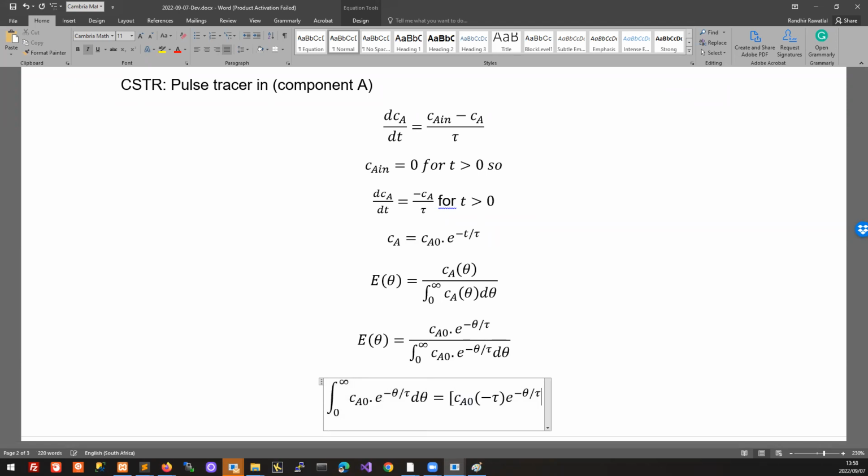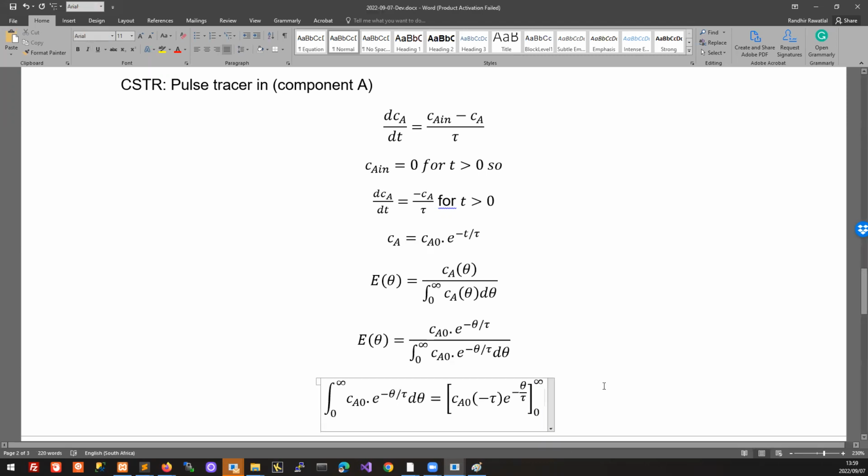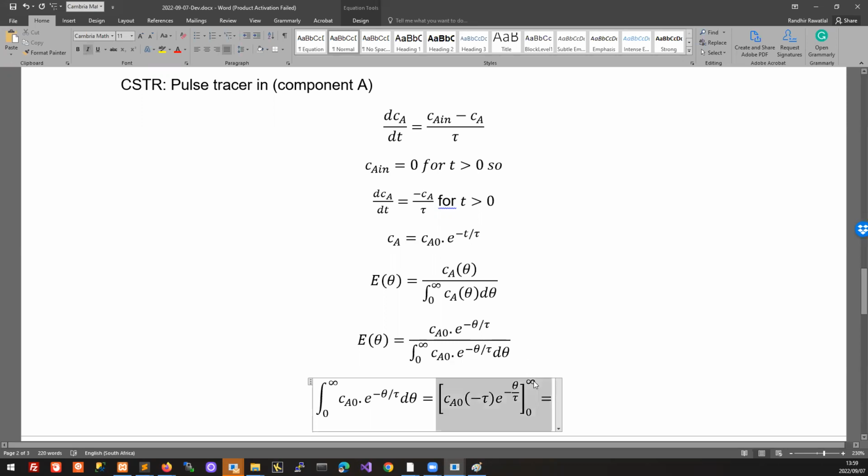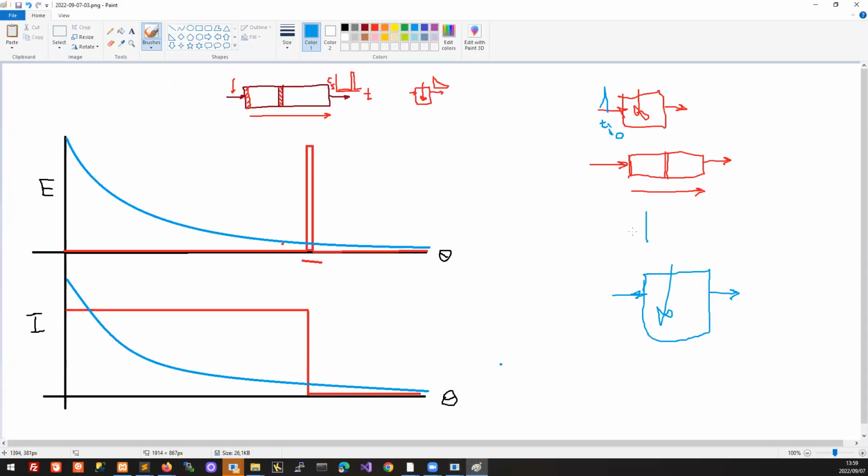And we are integrating between the limits 0 and infinity. So let's do that. So at infinity now, when we stick in theta equals infinity, we are going to get e to the minus infinity over here. And what's e to the minus infinity? That's 0. If you think of the exponential function, the pure exponential function looks like this. So at minus infinity, it's 0.